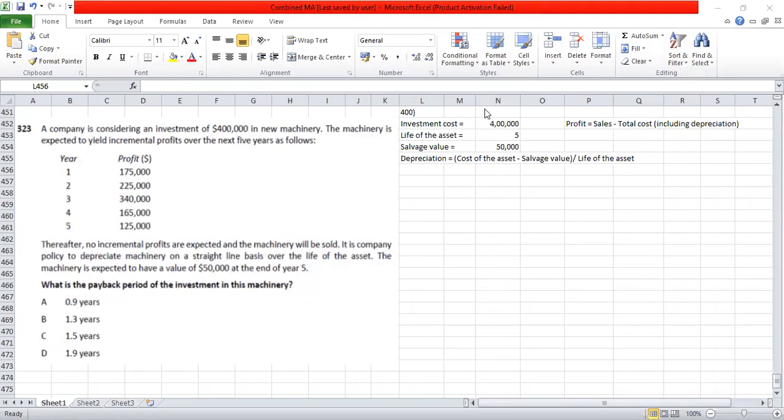So you know this one. The question also very clearly mentions that they are following straight line method of calculating depreciation.